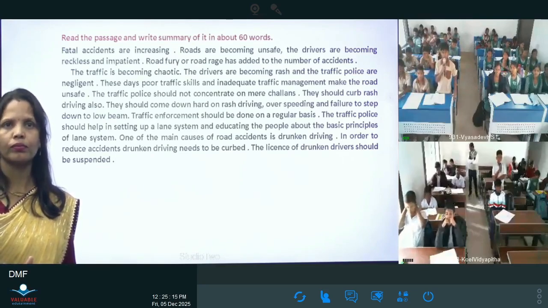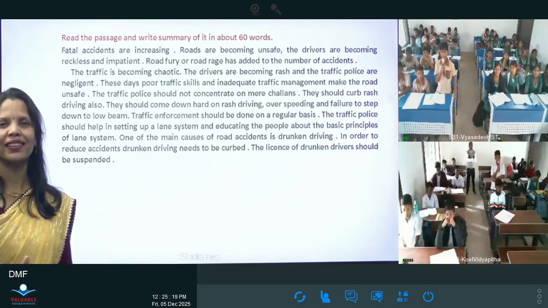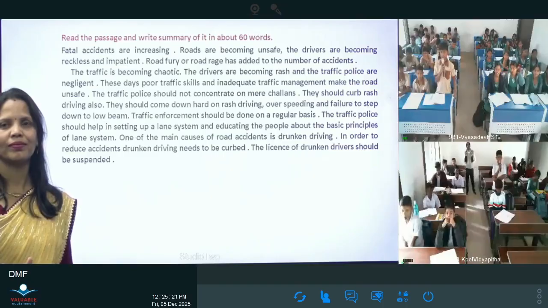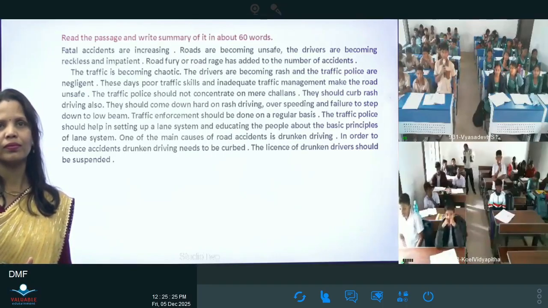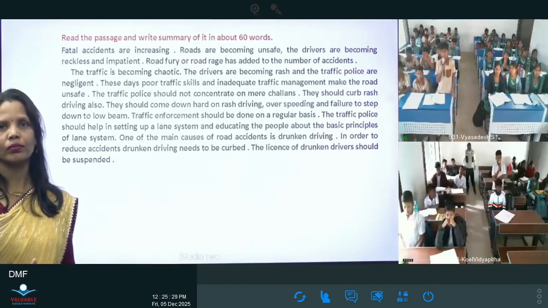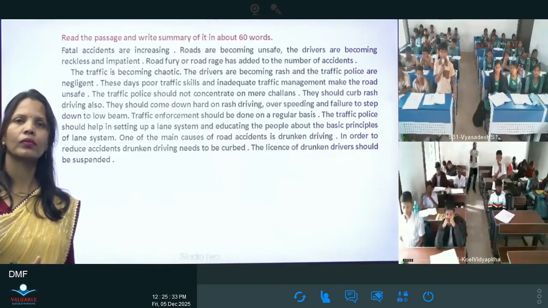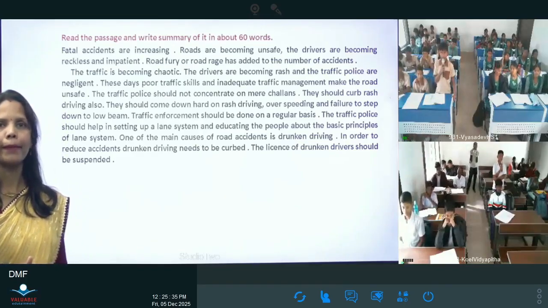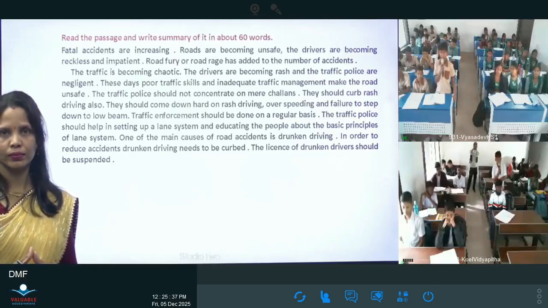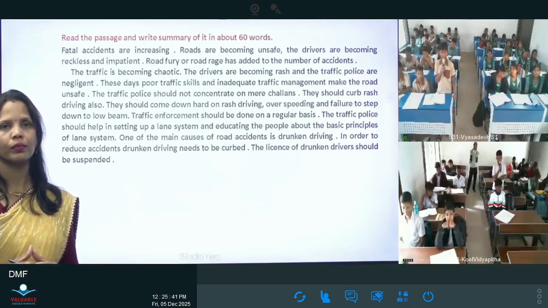They should come down hard on rash driving or overspeeding and failure to step down to low beam. Traffic enforcement should be done on a regular basis. The traffic police should help in setting up a lane system and educating the people about the basic principles of lane system.